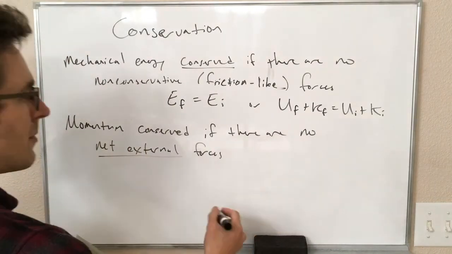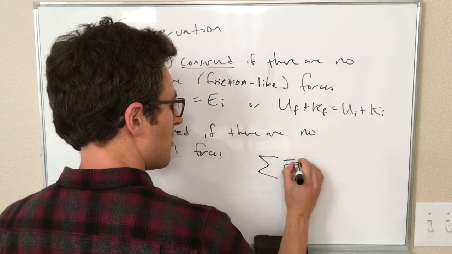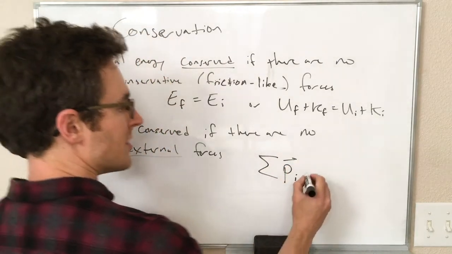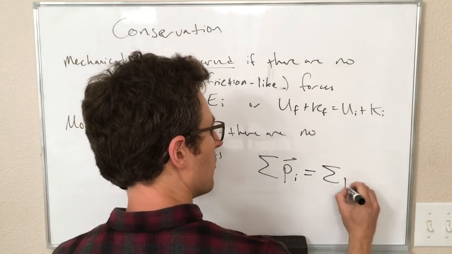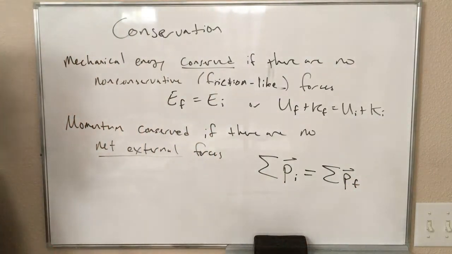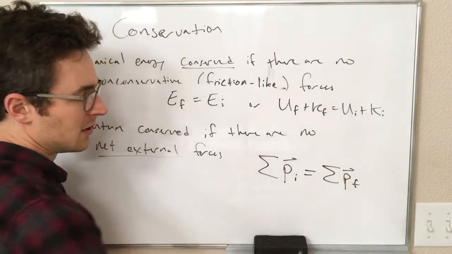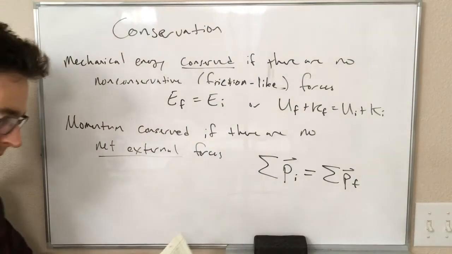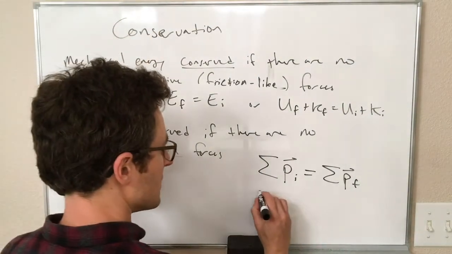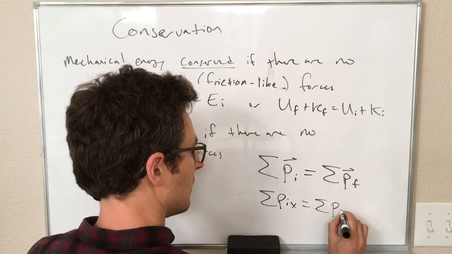Our equation for this momentum conservation is the sum of all of our initial momentums is equal to the sum of all of our final momentums, where we're summing over all of the different parts of our system. This is the total momentum at the beginning and the total momentum at the end, and we're treating these like vectors. So we could write this as the sum of Pix equals the sum of Pfx.